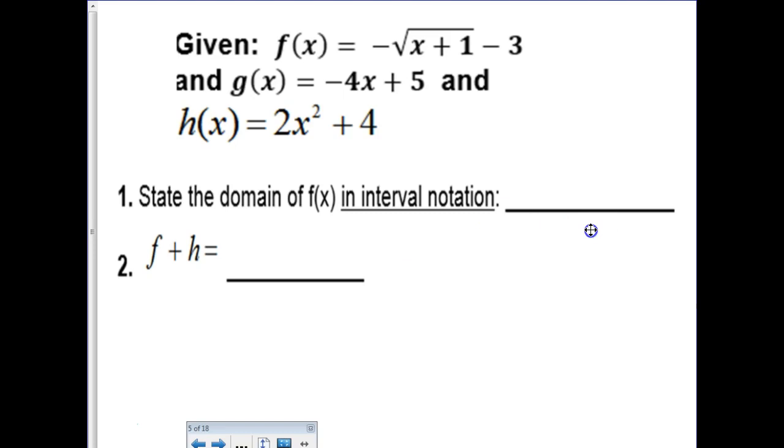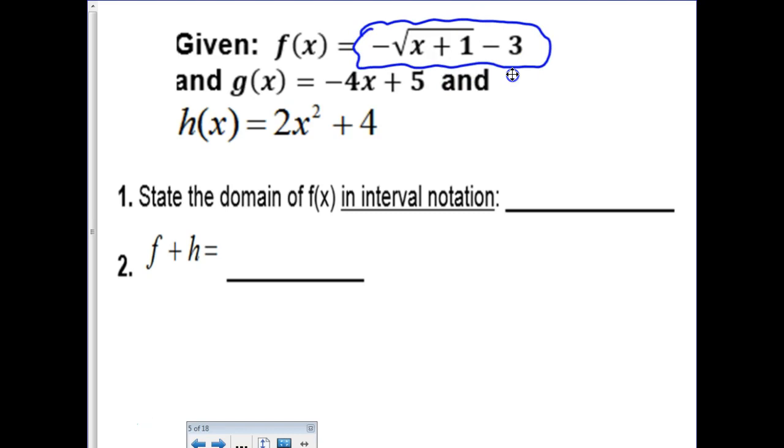So you have F, G, and H at the side of your review. And we're going to use those functions to answer a whole bunch of questions here. So the first question, they're going to have you state the domain in interval notation for f of x. So here's f of x. And I know for domain, the things I watch out for algebraically are any denominators with x in them. We don't have that.